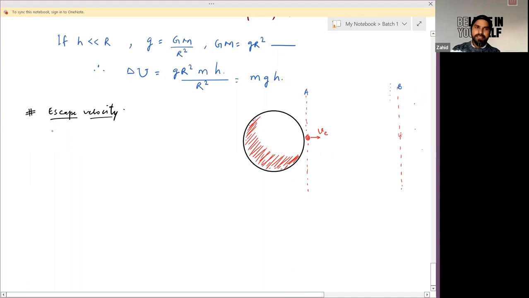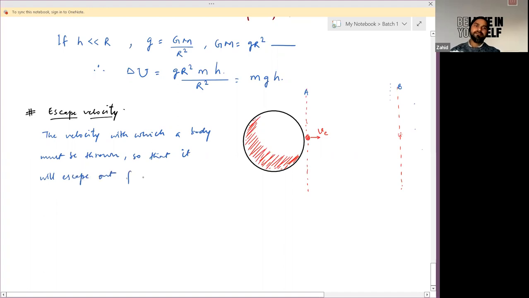So we can define escape velocity as the velocity with which a body must be thrown so that it will escape out from gravitational influence.